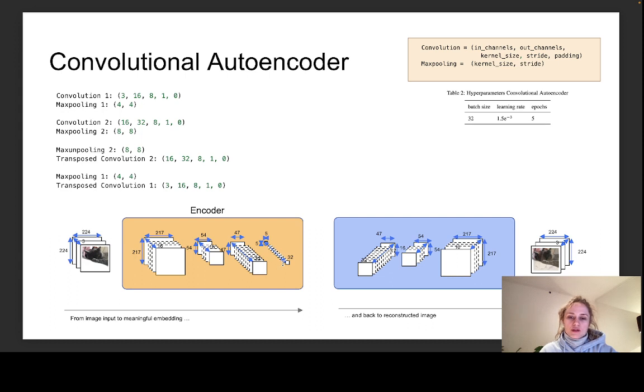Because we have this target that ultimately we want to get the same picture out again, or as close as possible, all of the relevant information for that picture needs to be encoded in this small thing. So this is more processed already, there is more information about what makes this picture unique. But we can of course not keep every single piece of information.